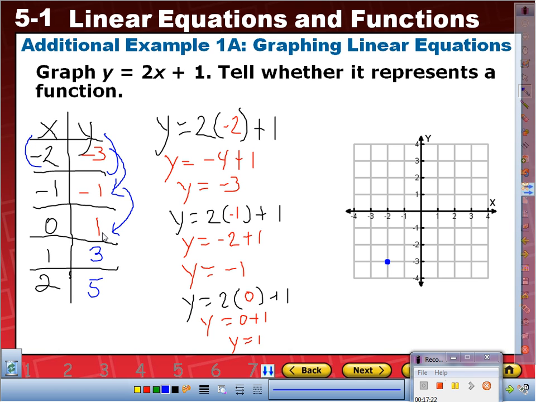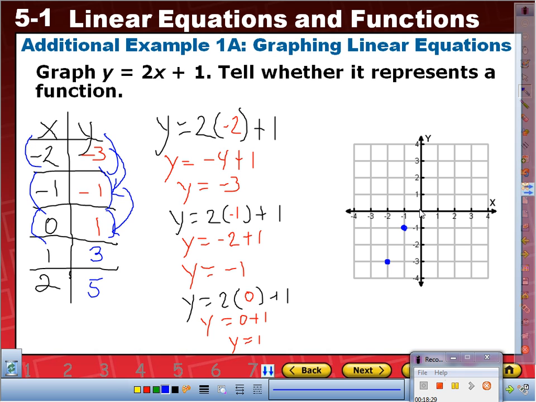So here we go. Next one. Negative 1, negative 1. We start from the center again. Negative 1 of x is to the left. Negative 1 of y is down. And at that corner, they meet. There it is. Next one. 0 of x, 1 of y. I start at the center. Where's 0 of x?